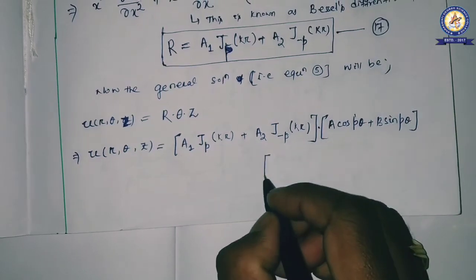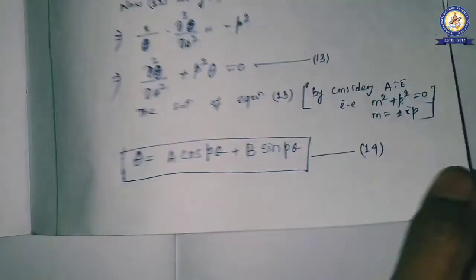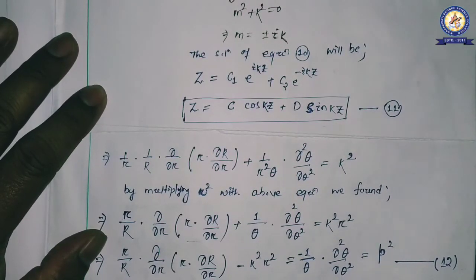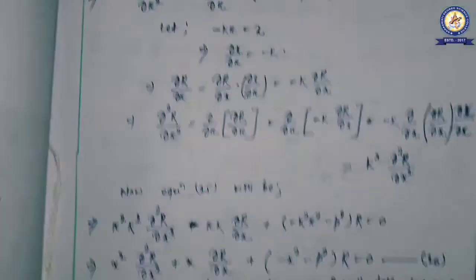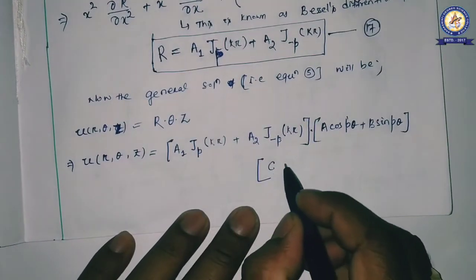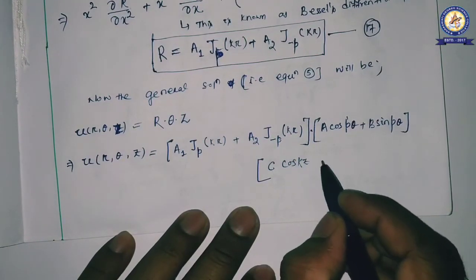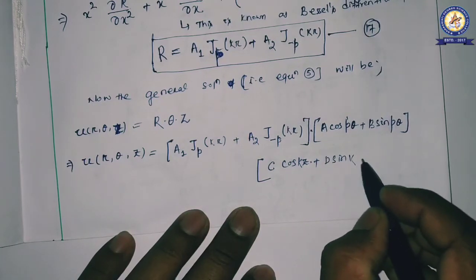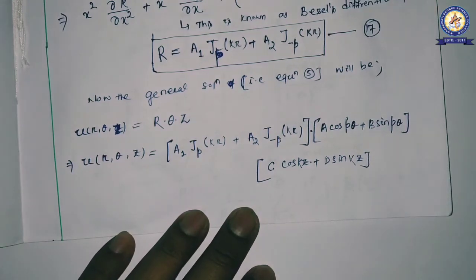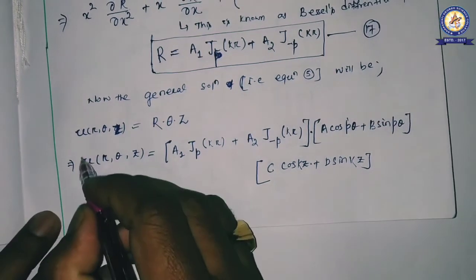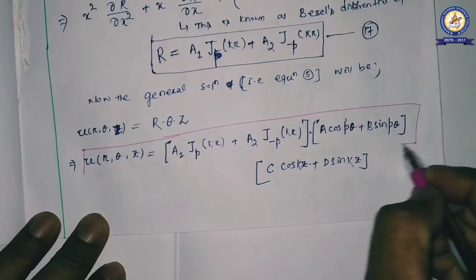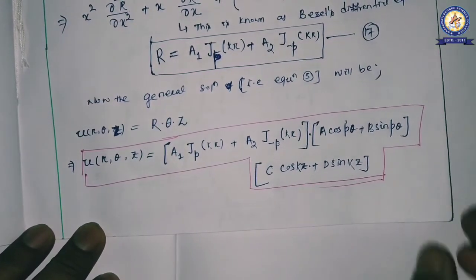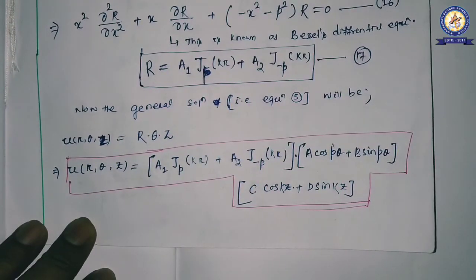Then into, for z we found c cos kz plus d sin kz, that we have to write. So this is our required solution of the Laplace equation in the cylindrical coordinate system.